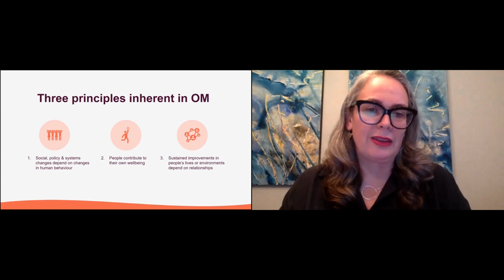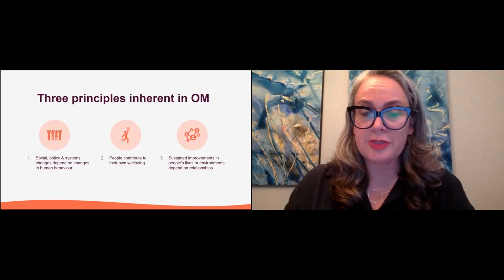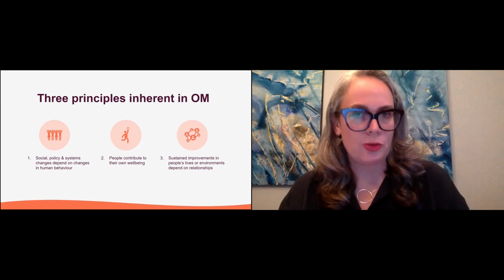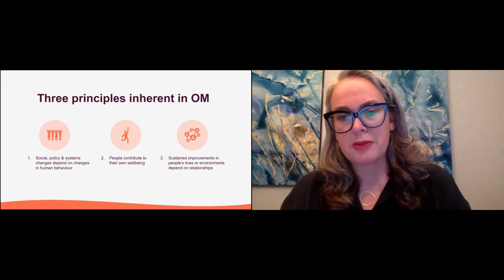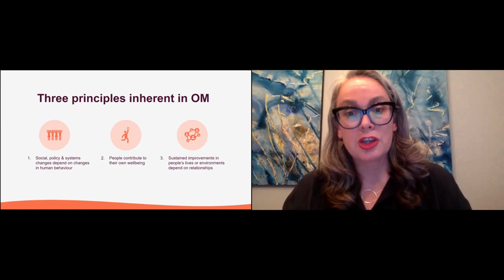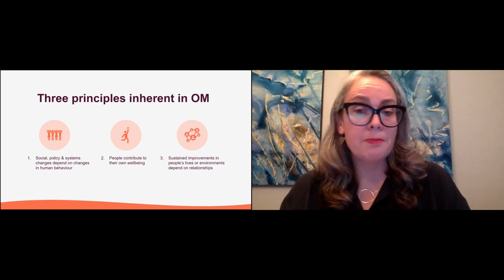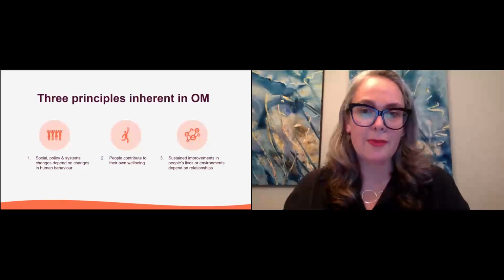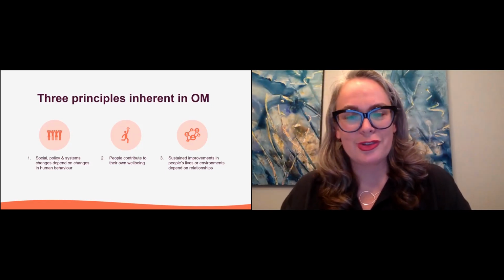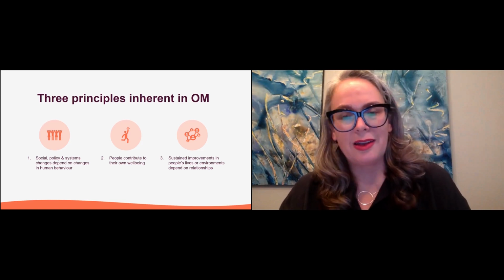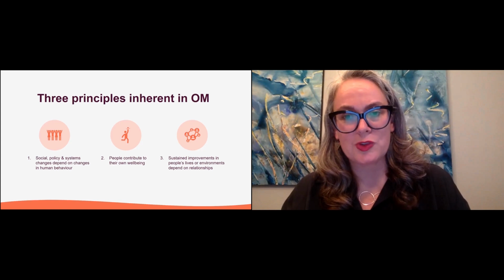The first one is that social, policy, and systems changes depend on changes in human behavior. You might have explored this already with Jeff's presentation. The second principle is that individuals contribute to their own well-being. But for that contribution, we have to look at the third principle as well. That contribution to their own well-being is so dependent on relationships, and what those relationships and the dynamics within them look like and how they evolve.